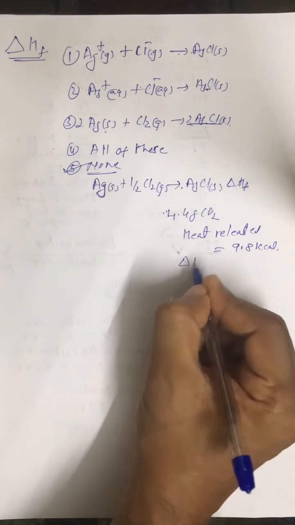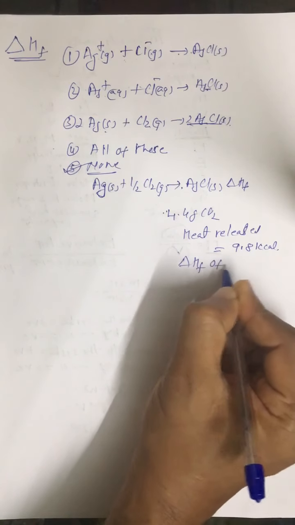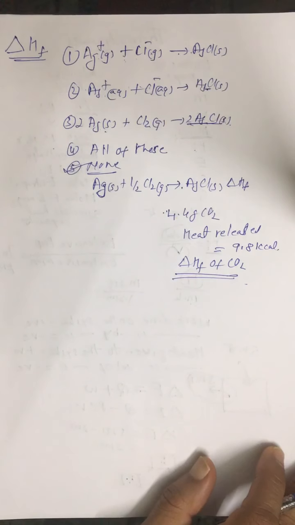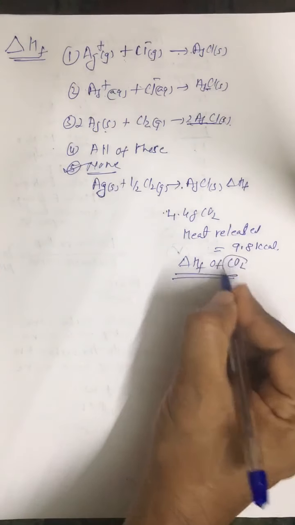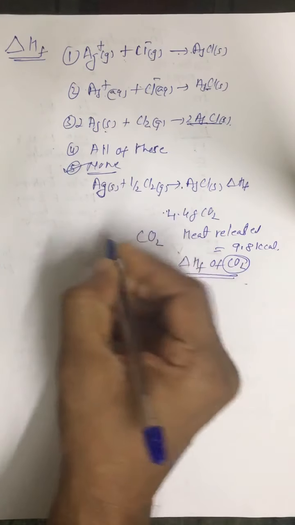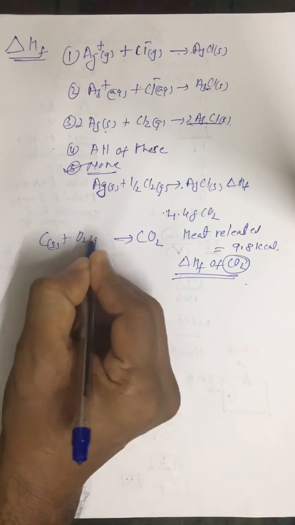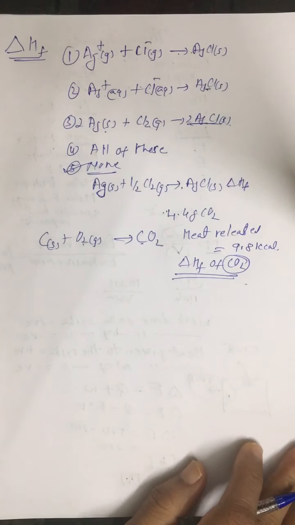Calculate the heat of formation of CO2. This is again based on definition. Definition says change in enthalpy of a system when 1 mole of CO2 is formed. So 1 mole of CO2 means carbon solid plus O2 gas. This reaction represents heat of formation of CO2.